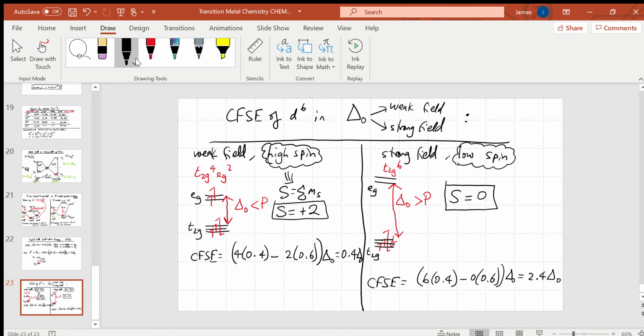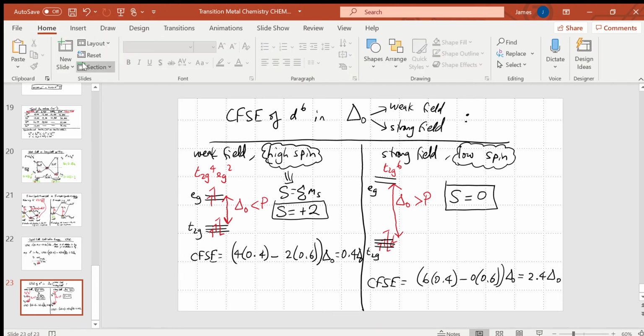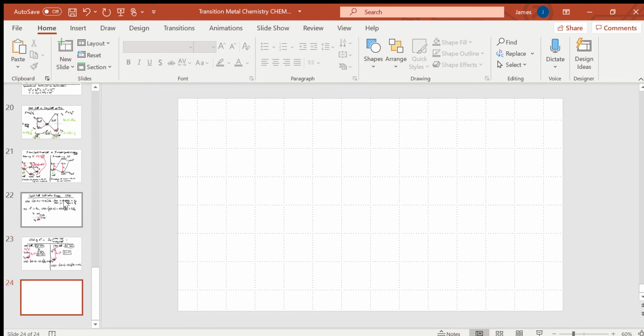Let's now move on to look at how experimentally you would determine high and low spin based on spin-only magnetic moment. That would be definitely a topic to pursue at the general chemistry level.